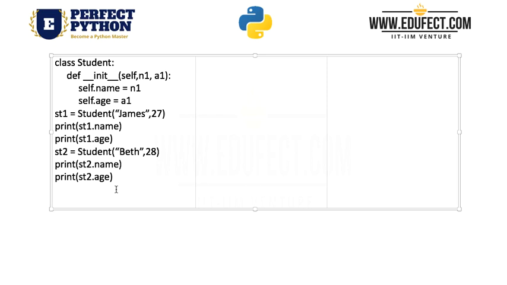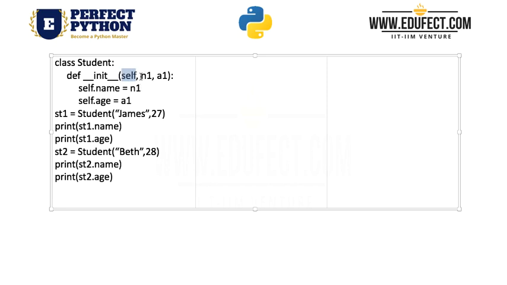This will always be written when we are defining the constructor: __init__. Now the constructor here has three parameters: self, n1 and a1. The self refers to the object which is getting constructed. So self will always be there. It refers to itself.